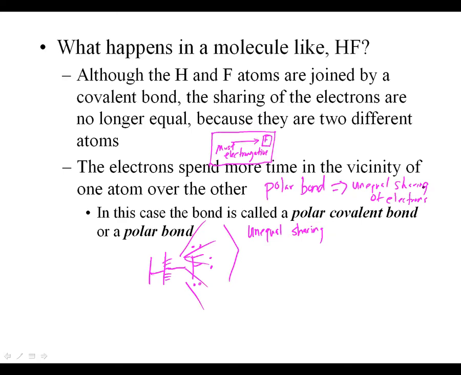Although it's unequal sharing, there's some aspect of sharing still happening. So that's why it's still considered a covalent bond. The electrons have not transferred from one element to the next. They're still hanging in there. They're still holding on. And again, that's why it's still considered a covalent bond. Any questions on the difference between polar and nonpolar bonds?